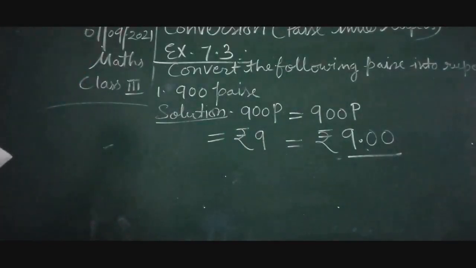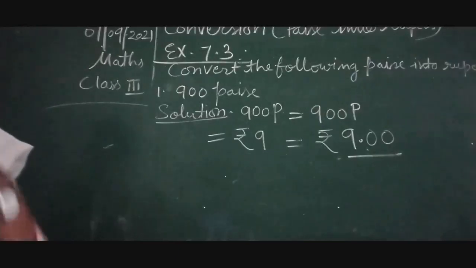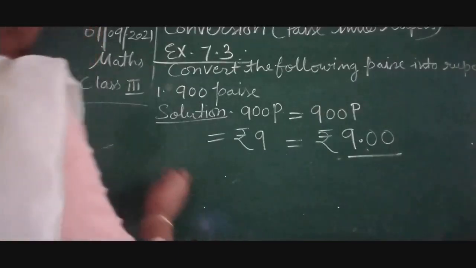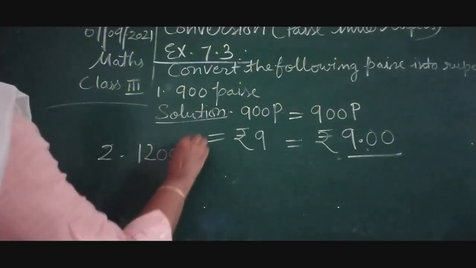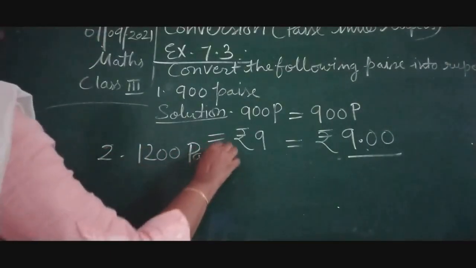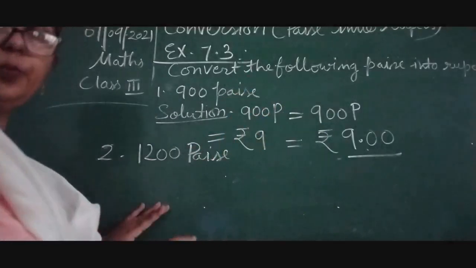Next exercise we are going to do, children, that is second number. Second number is 1200 paise. We have to convert into rupees.